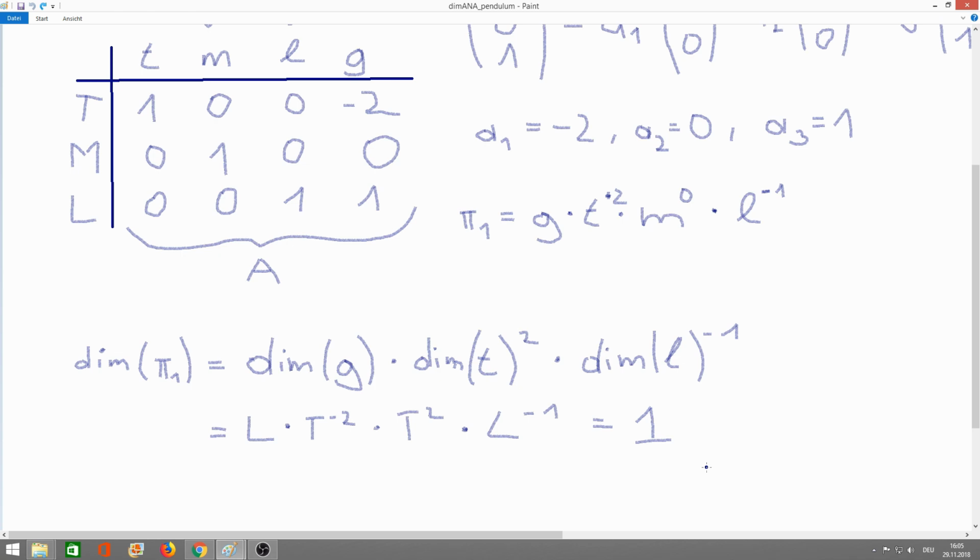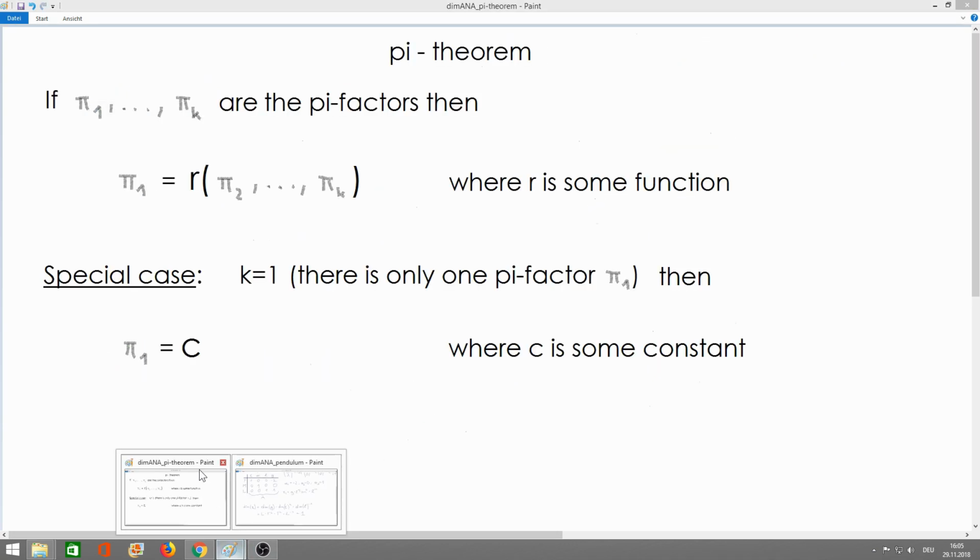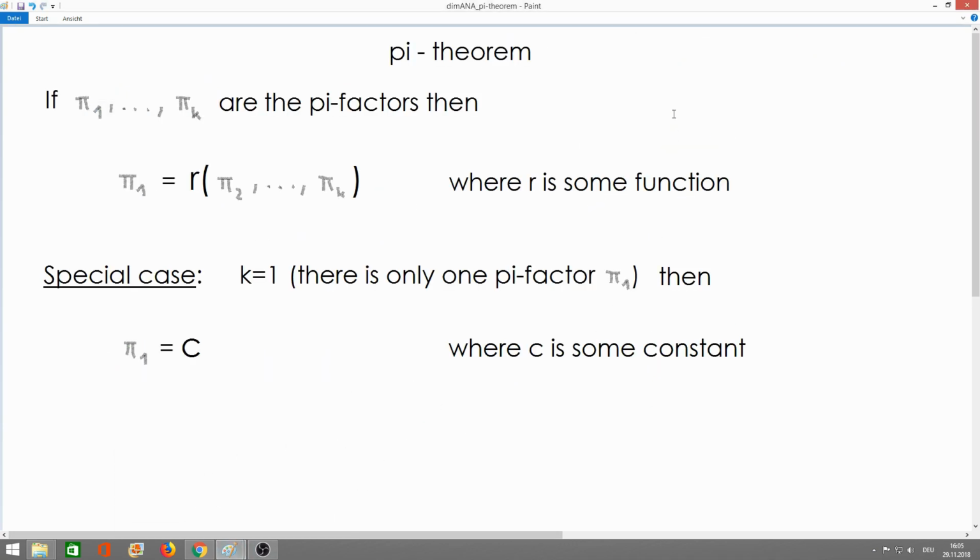To get the formula for t from the pi factor pi1, we need a theorem, the so-called Pi-Theorem. The Pi-Theorem states that we can write one pi factor pi1 as some function of the other factors.